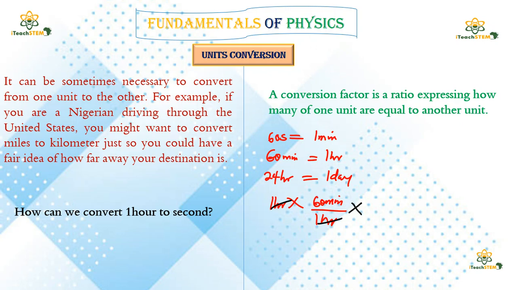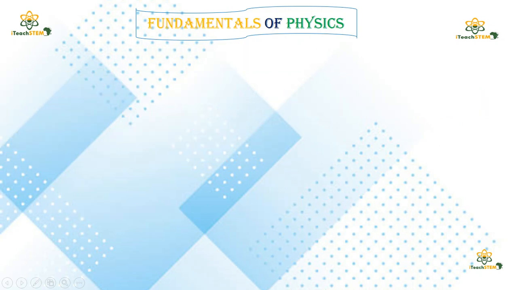So we have 60 seconds in 1 minute. So minutes cancel out minutes. So we are left with what? 60 multiplied by 60 seconds. That gives us 3,600 seconds. It therefore means that for every hour, there are 3,600 seconds.